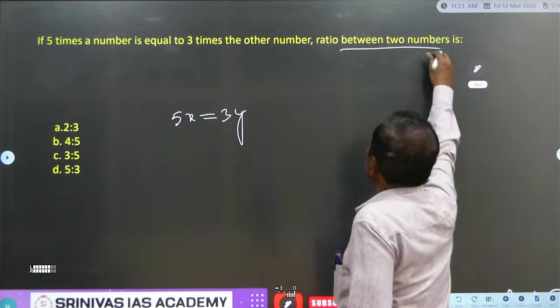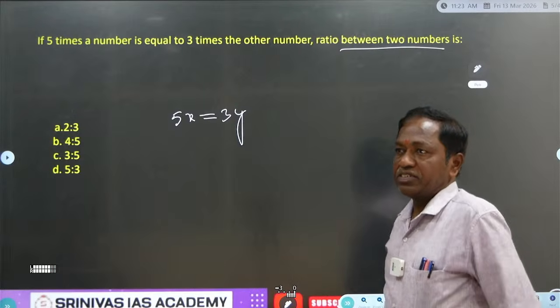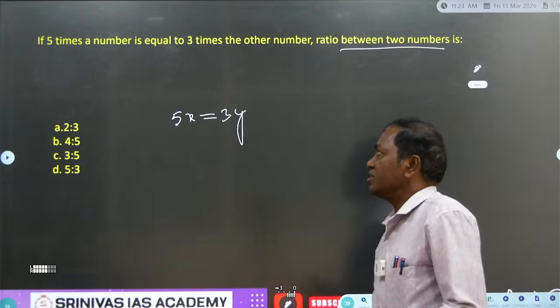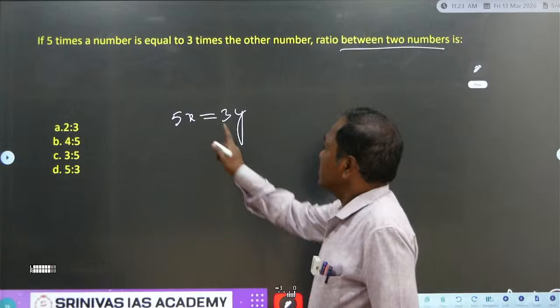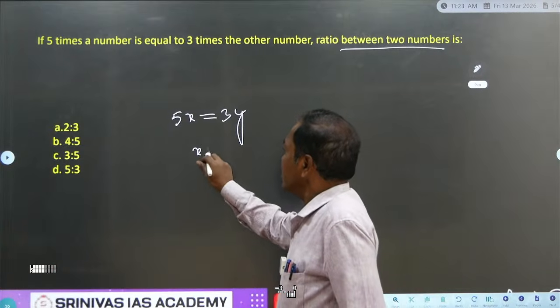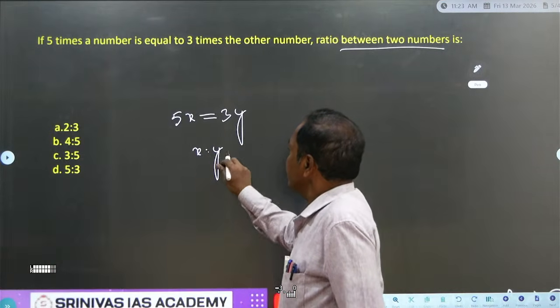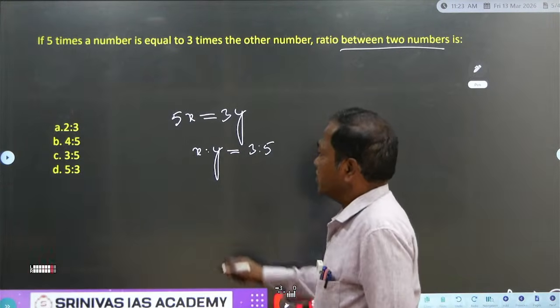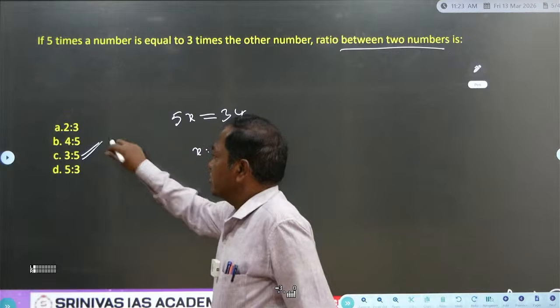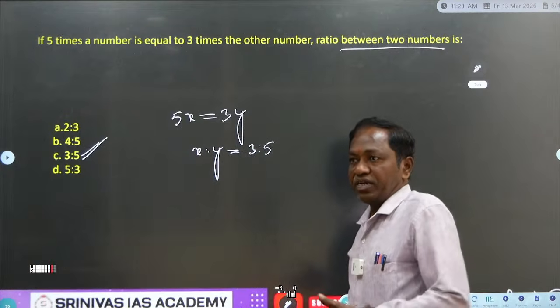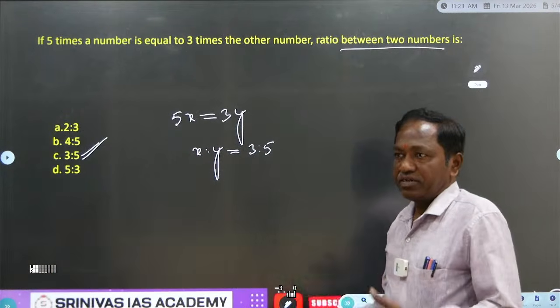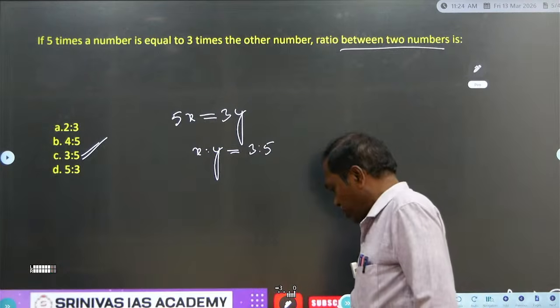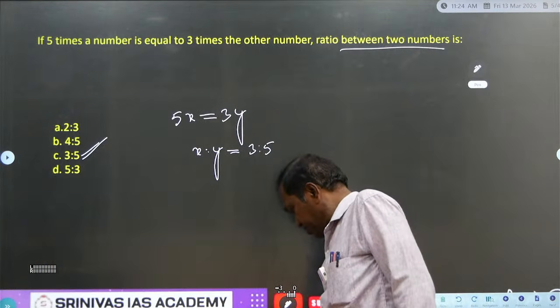What is the ratio between the numbers? Already we did this in percentage like this. Same, yes. Because if you see, x is to y equals 3 is to 5. 3 is to 5, option C. Right. The same thing again, percentage and ratio will come interchanging. Topics are totally interconnected.